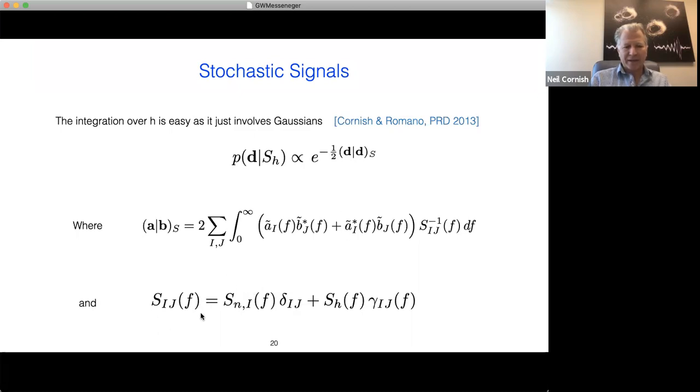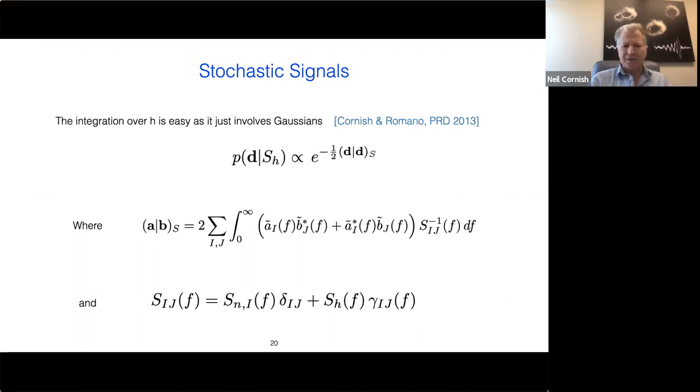So here, the big I and J, this is the noise weighted inner product now that includes stochastic signals. The big I and J refer to which detector, and we have this correlation matrix now, which is known as the overlap reduction function, which tells us about the correlations between the different detectors. So instead of just having the noise, which hopefully is uncorrelated between detectors, so a Kronecker delta here, we then have terms that are correlated between detectors, which encode the stochastic signal, right?